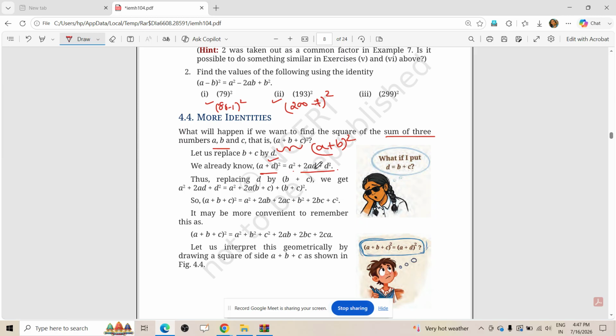Now if we again replace the value of d in the equation, what will we get? That is a plus d whole square, and if we replace d by b plus c, then what we will get? A square plus 2a into b plus c, right?